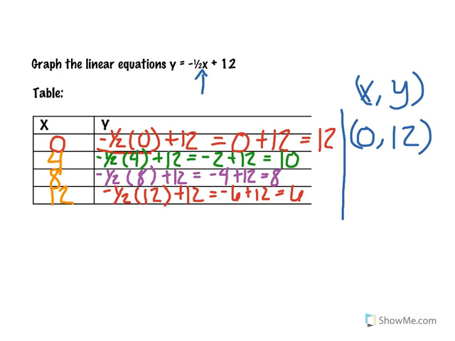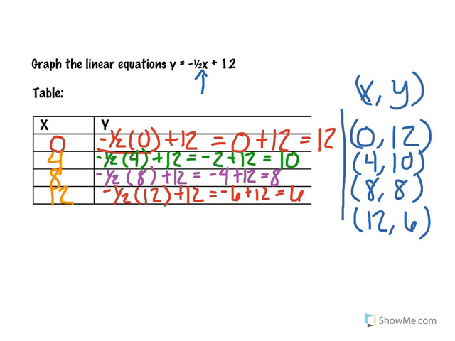So my ordered pairs, I already have 0, 12. Now I have 4, 10, 8, 8, and 12, 6.